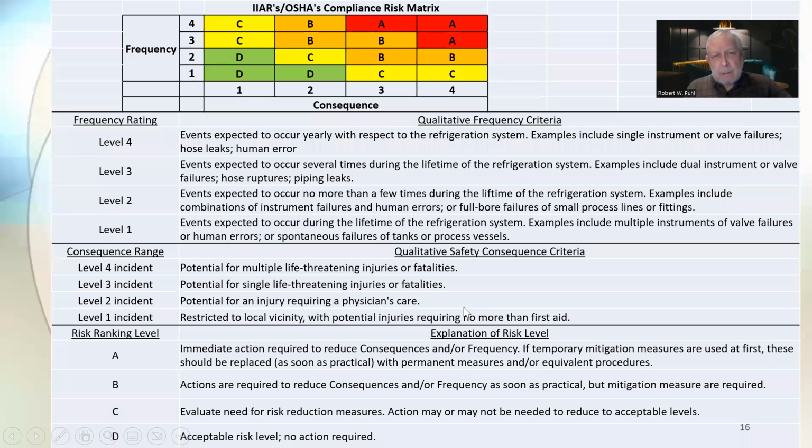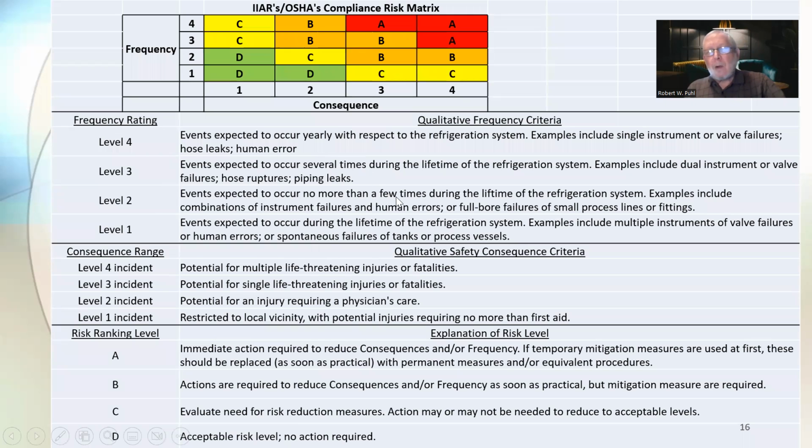And you know what this is? The risk matrix. I prefer the 5x5 matrix, but this is the one that we use, so I'm going to keep it here. It was a 4x4, with frequency ratings of 1 being the lowest and 4 being the highest. 1 being events that occur during the lifetime of the refrigeration system, and multiple instrument or valve failures, and up to events expected to occur yearly with respect to the refrigeration system.